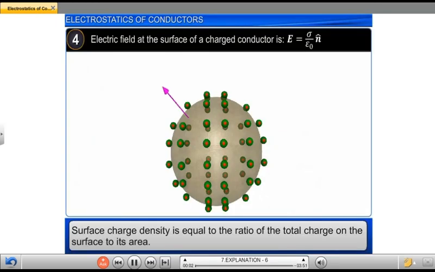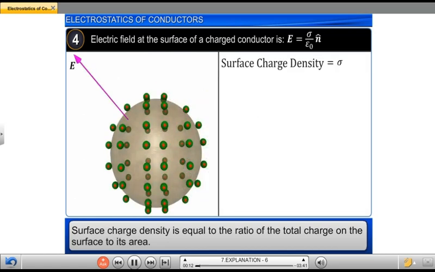Four, the electric field strength E at the surface of a charged conductor is equal to sigma by epsilon naught into n cap. Let the surface charge density be sigma. We know that the surface charge density is defined as the charge per unit area of the surface.